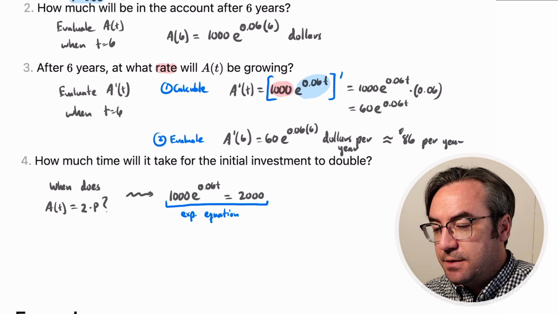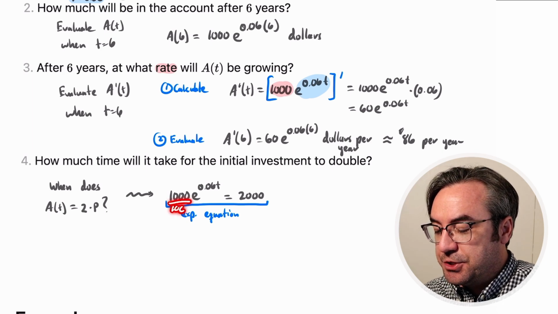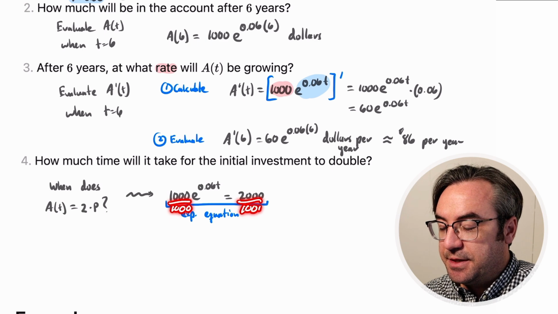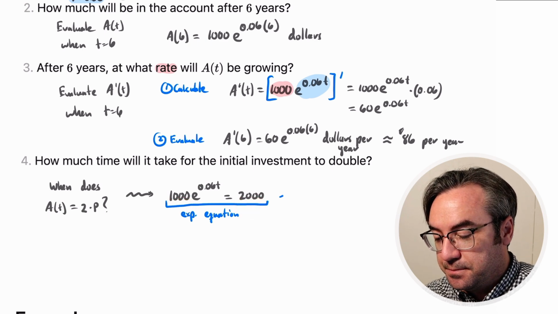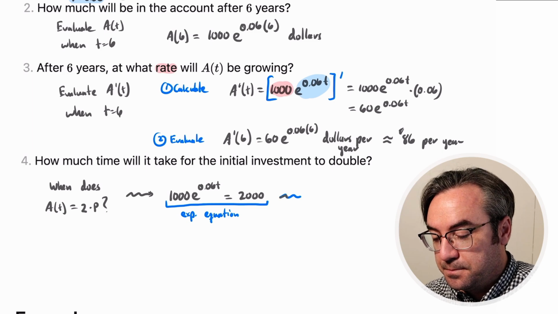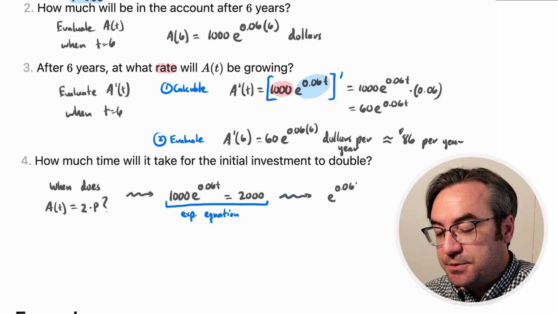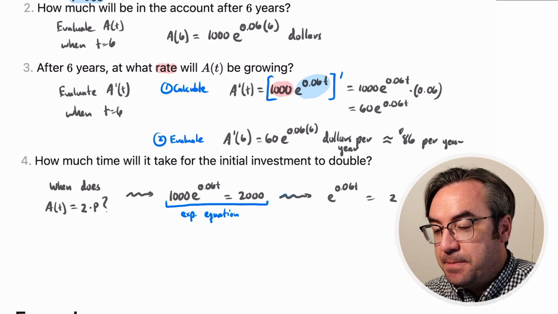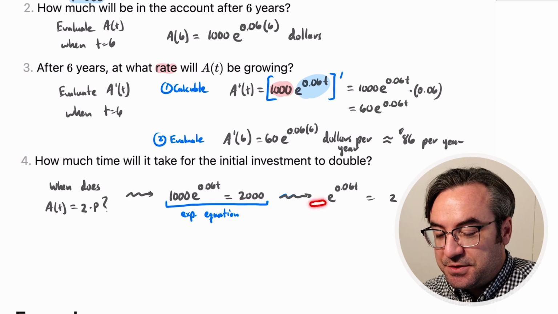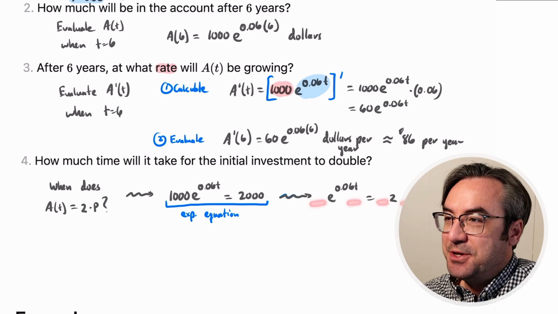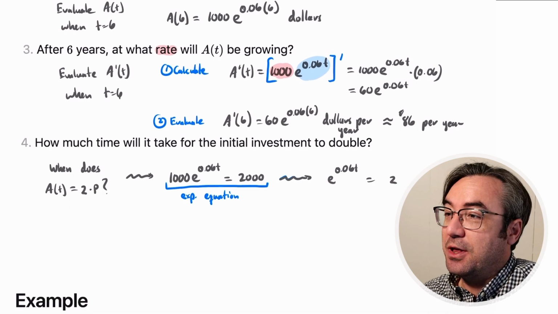First of all, let's divide both sides of this equation by 1,000 so we can isolate the exponential term. So we end up with e raised to the 0.06t equal to 2. When you do this, leave some spaces so you have some room to put in the natural log function.